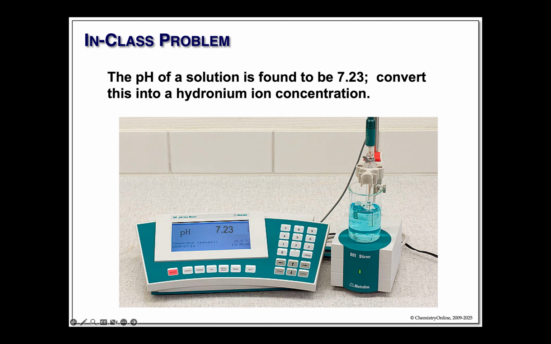All right, you do this, what's coming. We take our pH meter, stick it in a solution. It reads 7.23. What is the hydronium ion concentration?